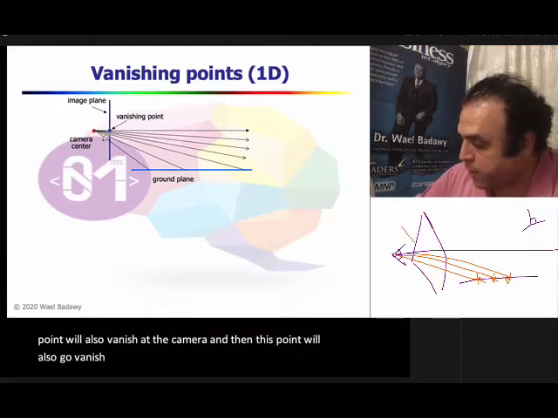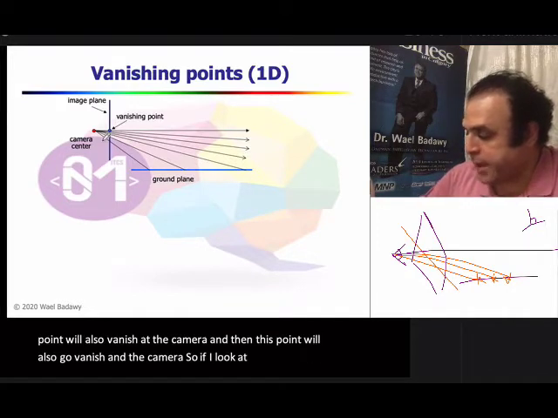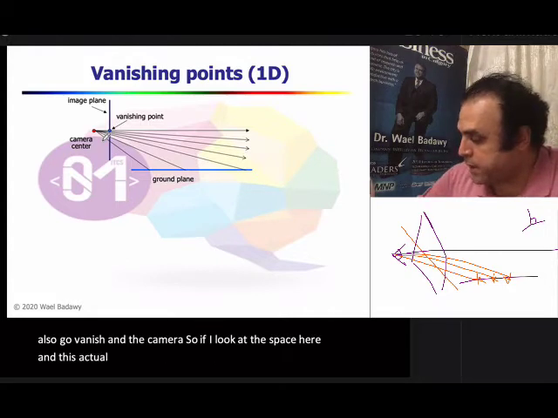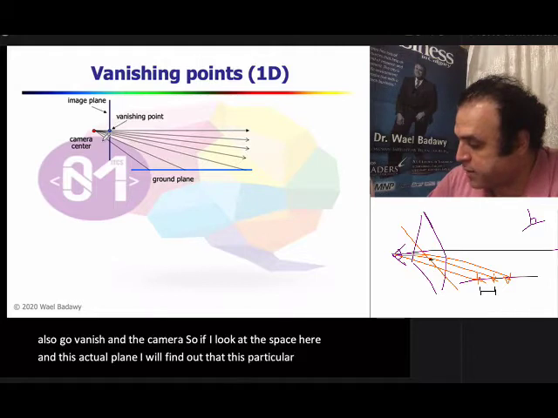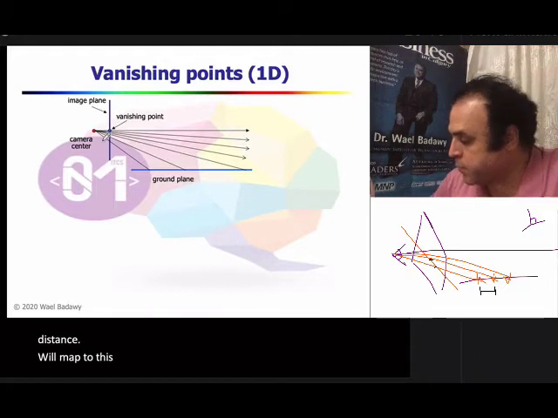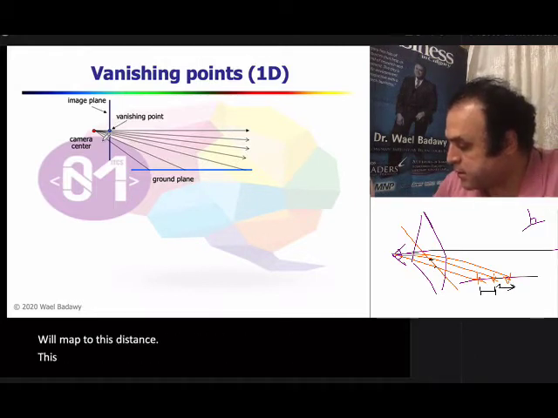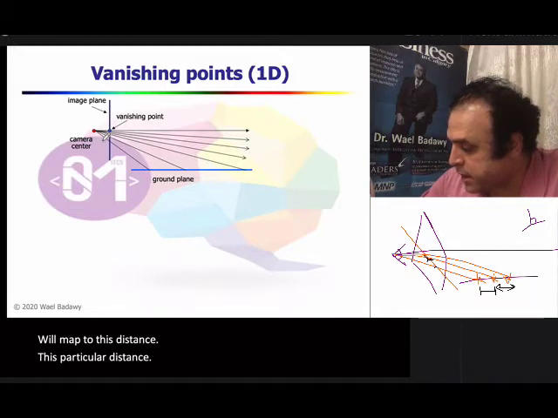So if I look at the space here, and this is the actual plane, I will find that this particular distance will map to this distance, and this particular distance will map to this distance here.